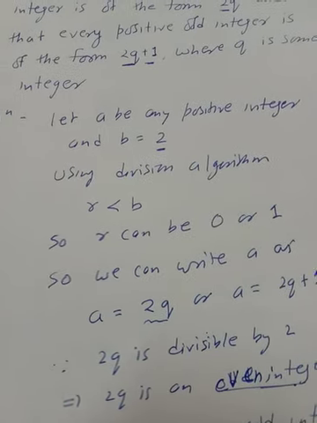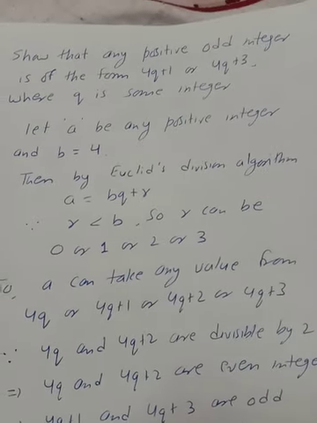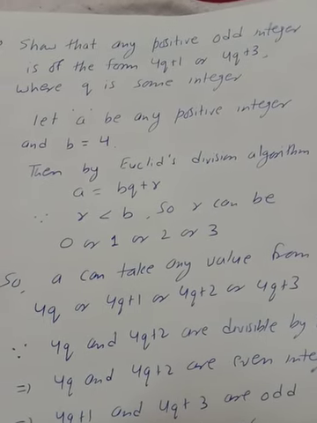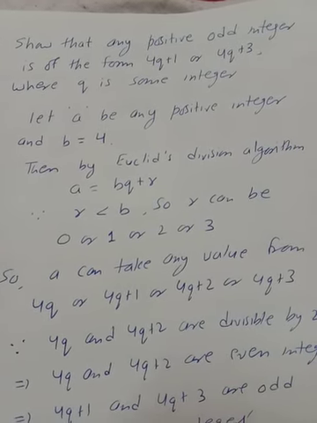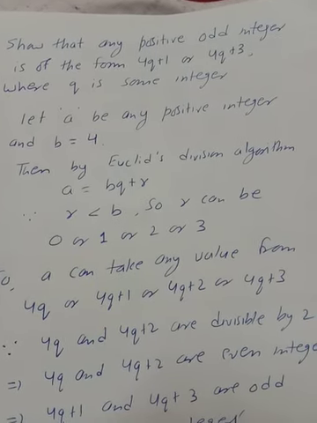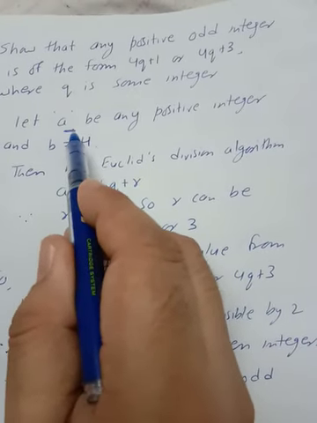Same way, we have the next question. The next question says: show that any positive odd integer is of the form 4q plus 1 or 4q plus 3, where q is some integer. Same way, we will let a be any positive integer.